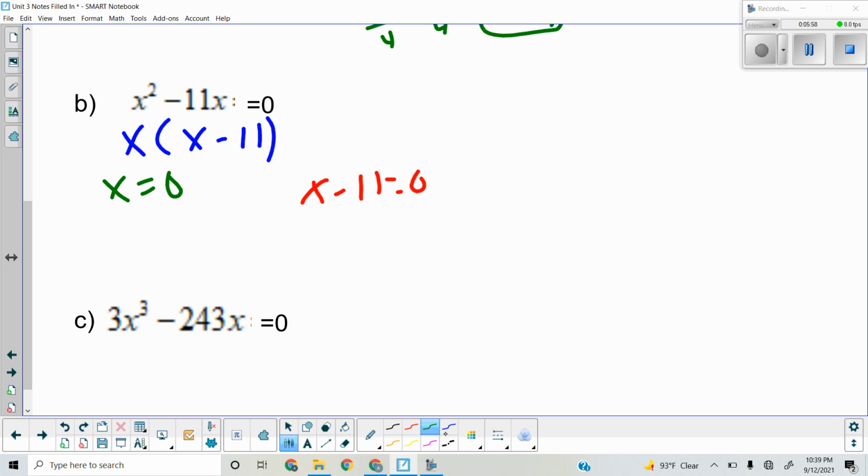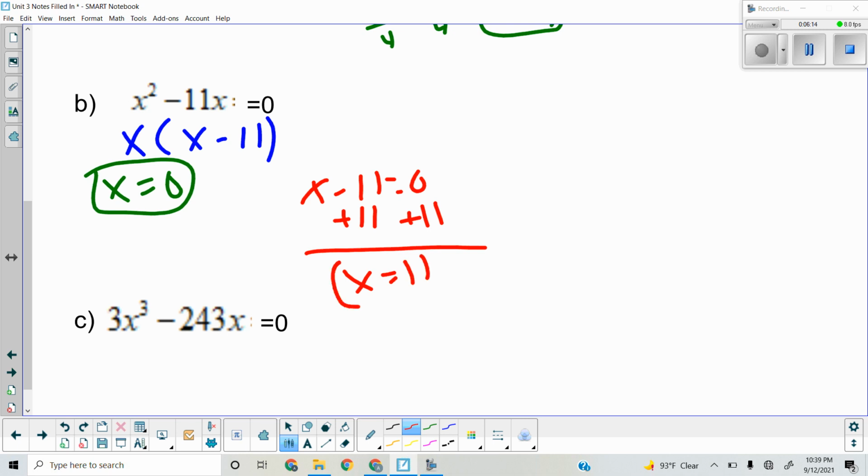And then we can solve. Well, for x equals 0, that's all it is. There's nothing else we can do. x minus 11, we add 11 on both sides, so we get x equals 11. We double check our exponent, it's a 2. We have 1, 2 solutions.